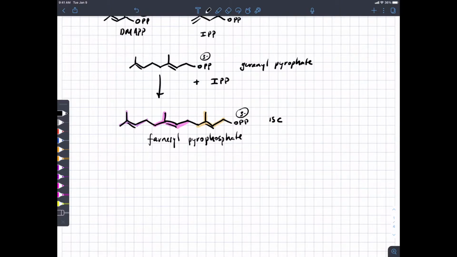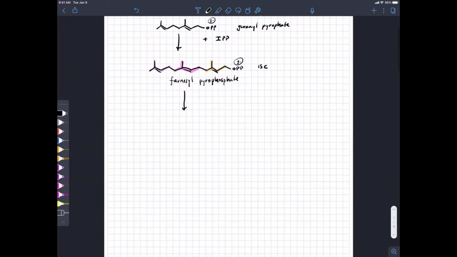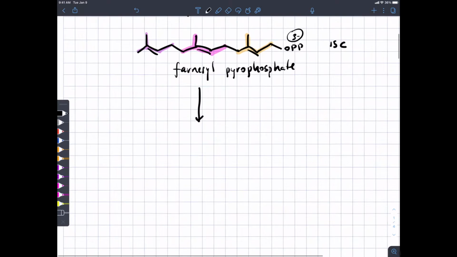And so you have an enzyme that will make this happen, and I'll show you the resulting product. Kind of painful to draw because it has so many carbons. 5, 1, 2, 3, 4, 5, 1, 2, 3, 4, 5.